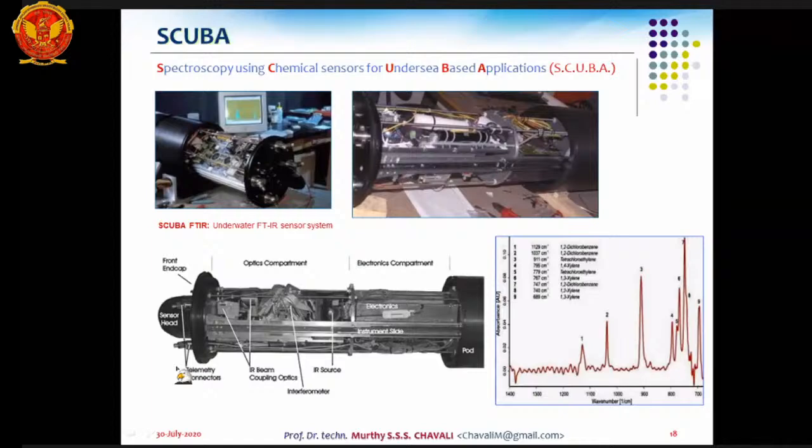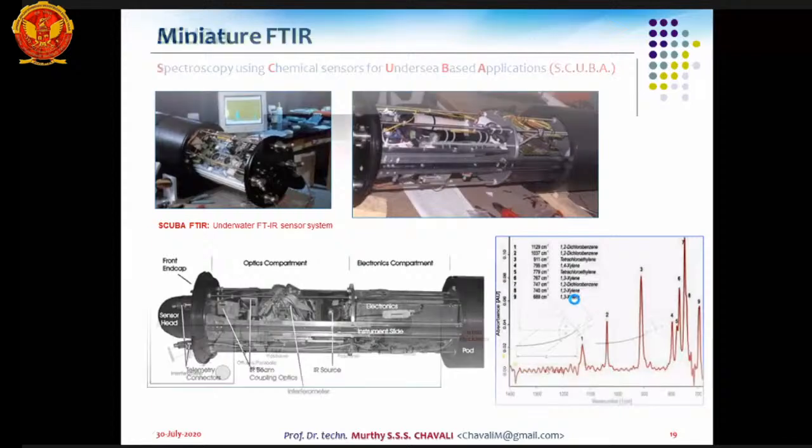We replaced the sensor head and we have developed something for seawater analysis, where the analysis component obtained from this front end sensor head, using the same electronics but a different layout and architecture, is exactly the same. And this has been published in Applied Spectroscopy.